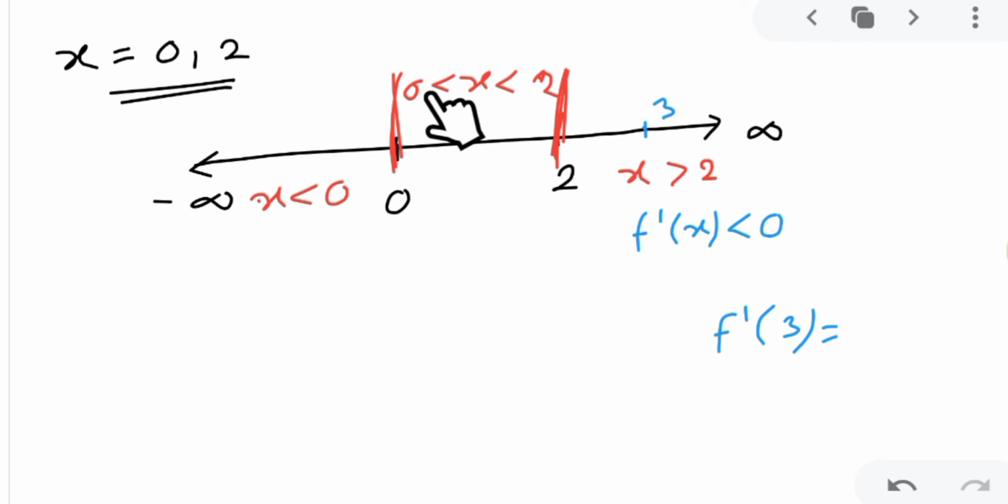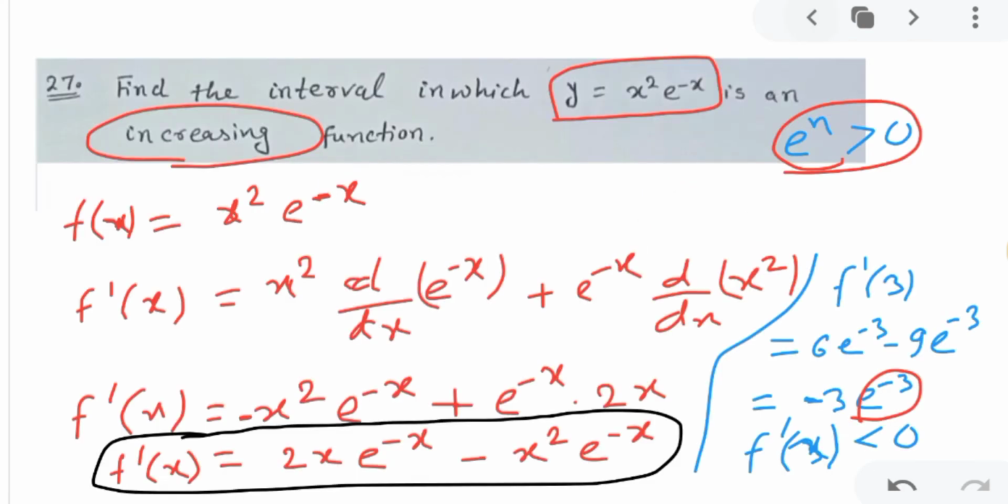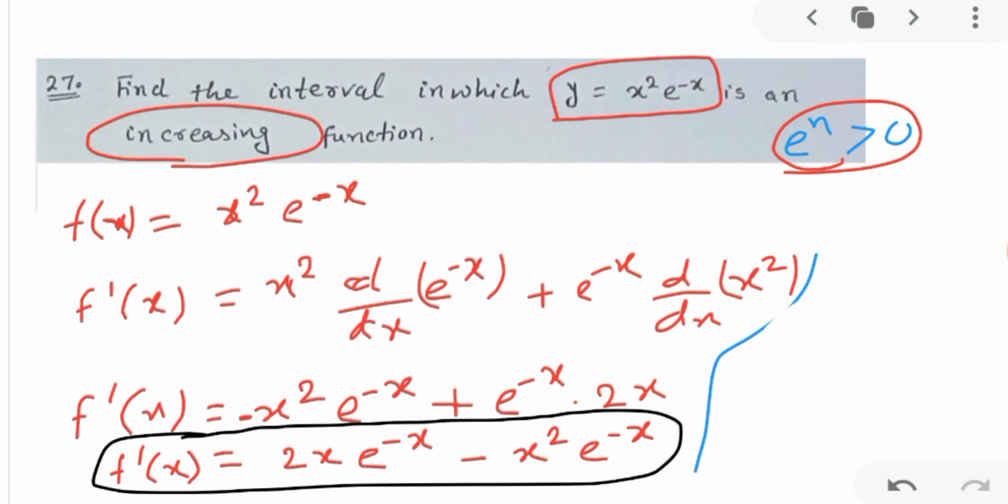Now I will check for 0 to 2. Between 0 to 2, what is the easy value? Easy value you can take as 1. Correct? So if I take 1, then similarly I will check whether f dash x is negative or positive. So now I will check f dash 1. I will put x value as 1 in this. So 2 into 1 will be 2, 2 into e to the power minus 1 minus x square.